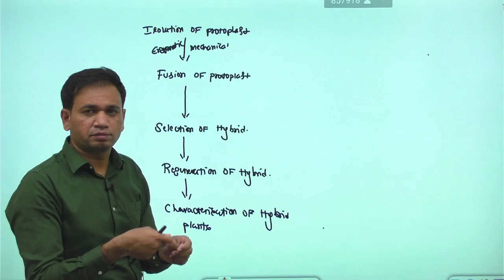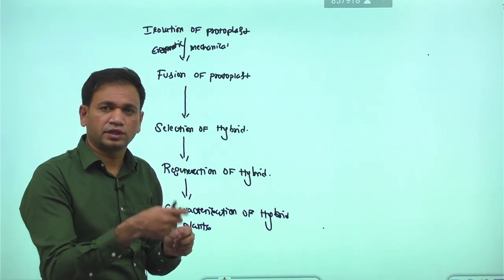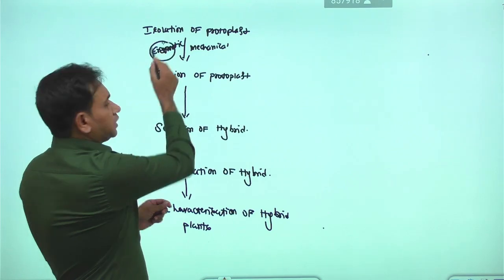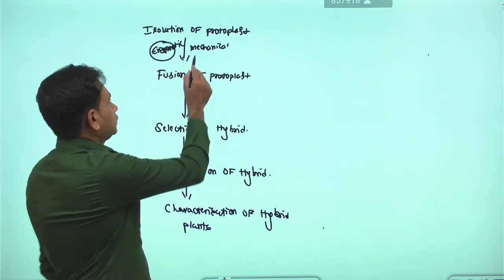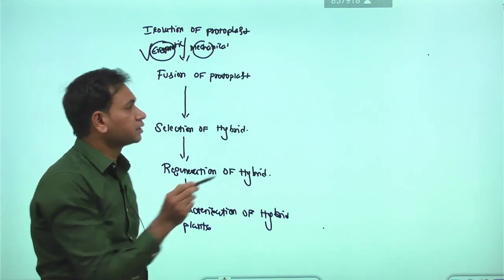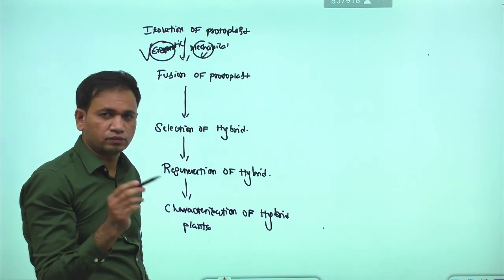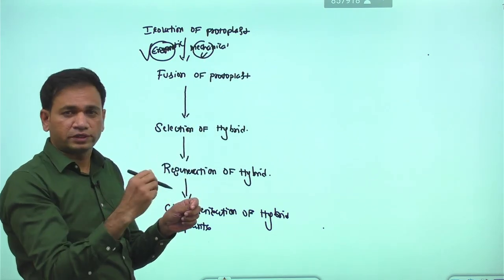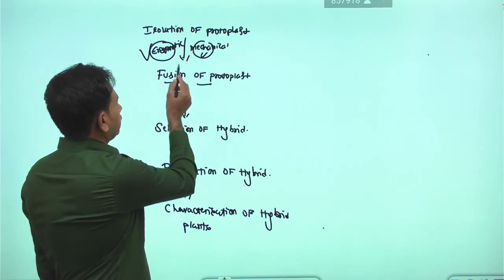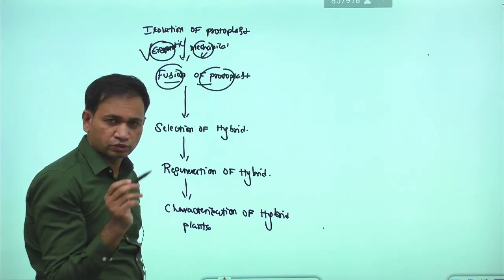Mechanical means with the help of mechanical activity, the protoplast is isolated. Another is the application of enzymes. But among these two methods, the enzymatic method is quite common compared to the mechanical method. Once after isolating sufficient protoplast, in the laboratory, under in vitro conditions, fusion of the good protoplasts takes place.